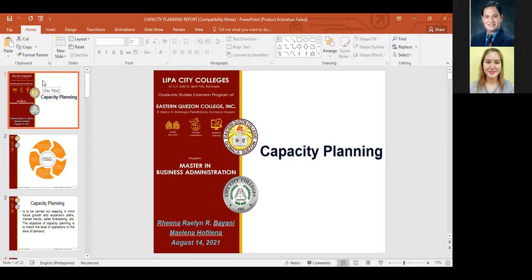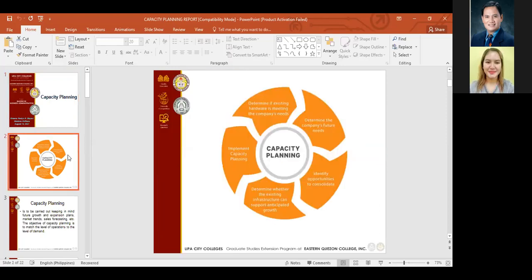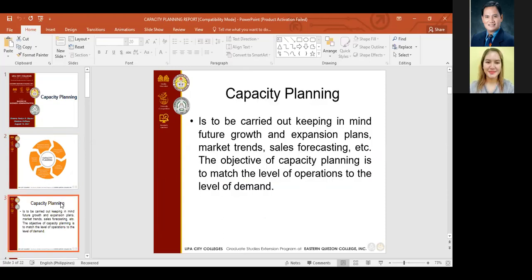So my topic is about capacity planning. When we say capacity planning, it means determining if existing hardware is meeting the company's needs, determining the company's future needs. It also identifies the opportunities to consolidate, determines whether the existing infrastructure can support anticipated growth, and implements the capacity plan.